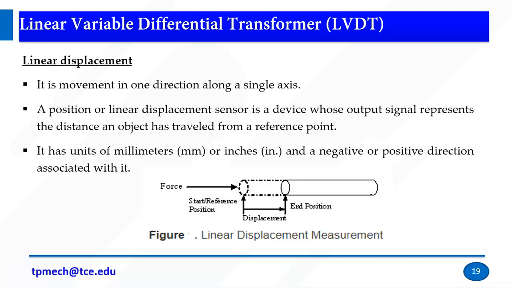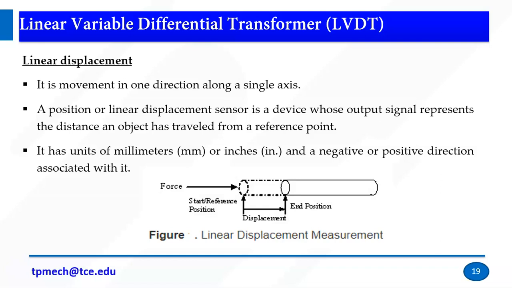Okay, what is meant by linear displacement? It is a movement in one direction along a single axis. So linear displacement is nothing but the movement in one direction along a single axis.